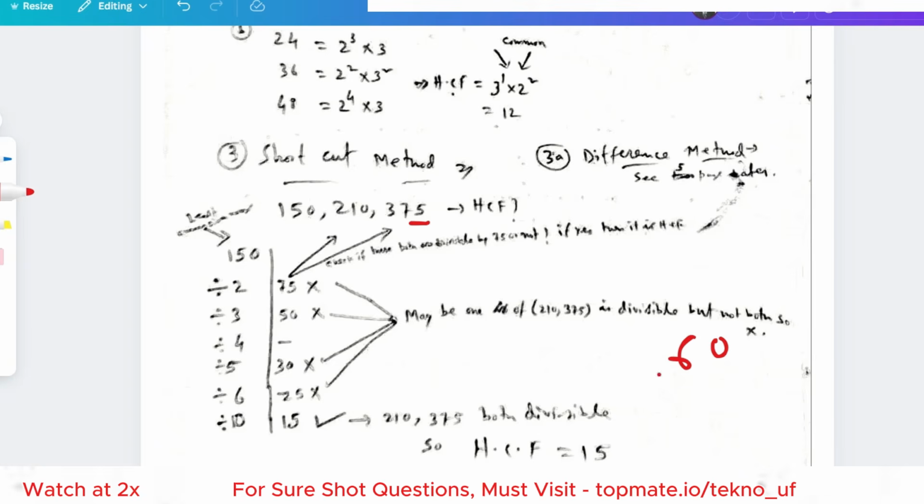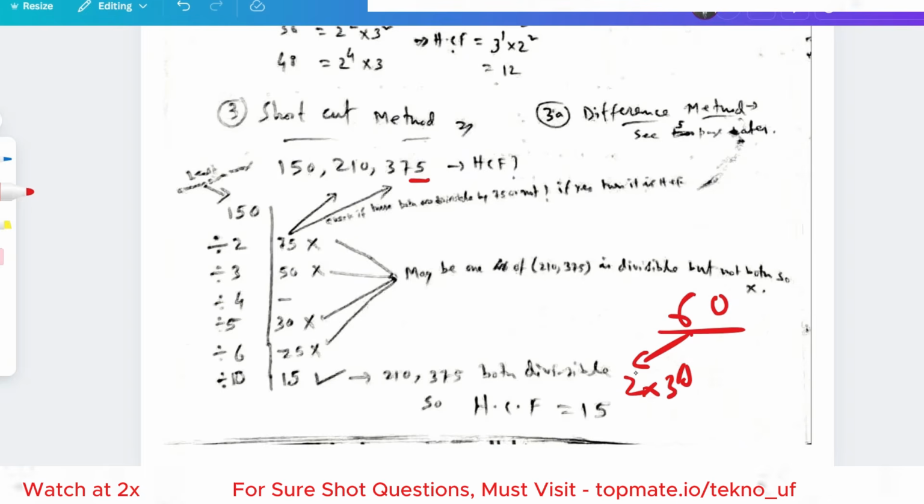So you have to divide this. We can write 60 as 2 into 30. We can write 60 as 4 into 15, right? We can write it as 12 into 5, right?